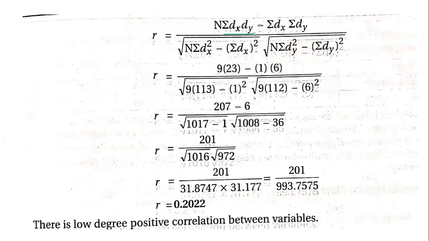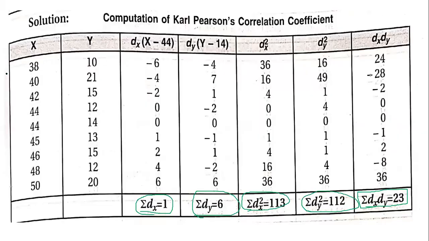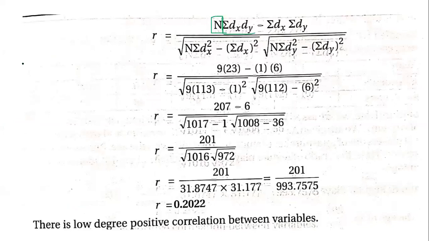First we have n. We should not forget this part. n is the number of data that we have. If we start counting 1, 2, 3, 4, 5, 6, 7, 8, 9, we have 9 data given to us. So n is equal to 9.